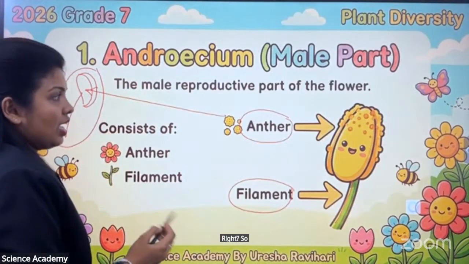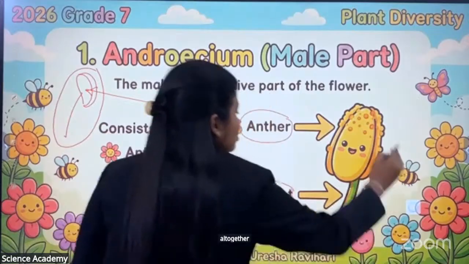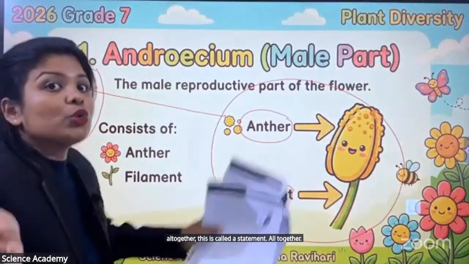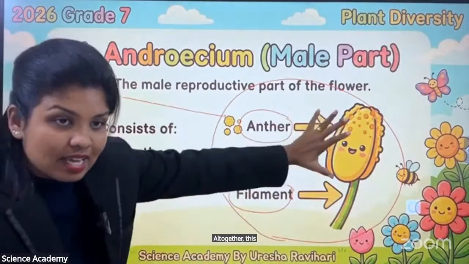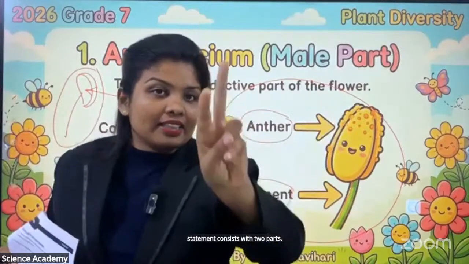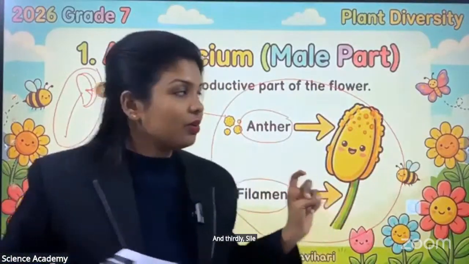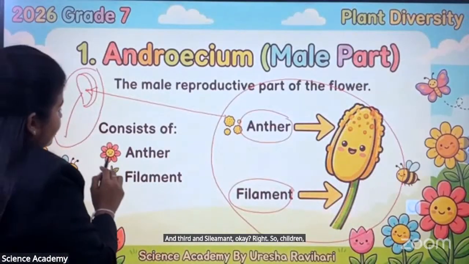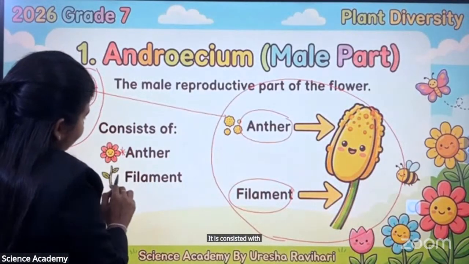So children, all together, this is called a stamen. A stamen consists of two parts, anther and filament. So children, it consists of anther and filament.